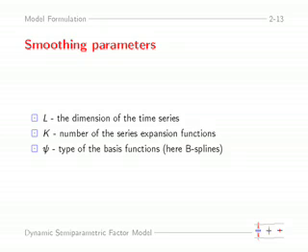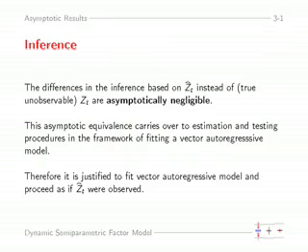We have asymptotic results that say k has to grow at a certain speed relative to L or relative to the dimension of x. And we have also not studied the type of basis functions. We will use B-splines, in a picture you will see a few transparencies later. Okay.